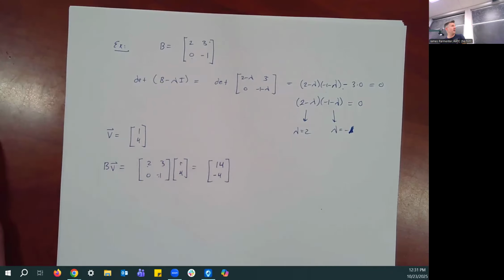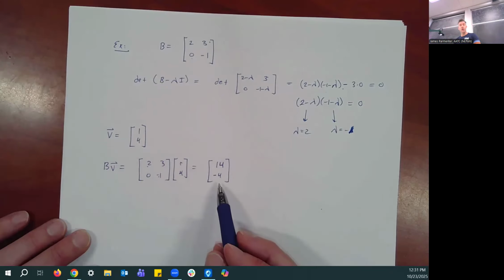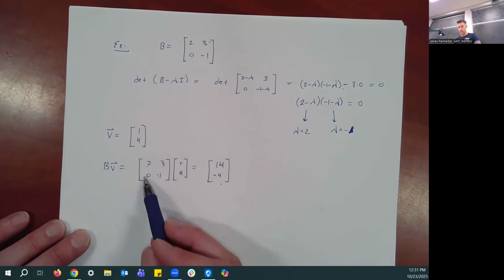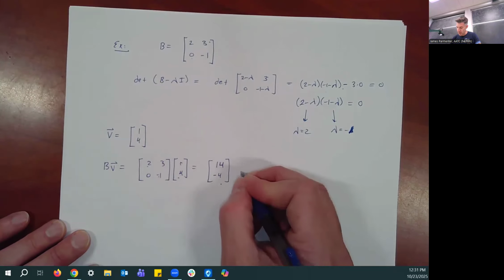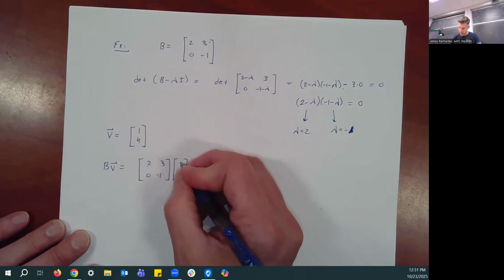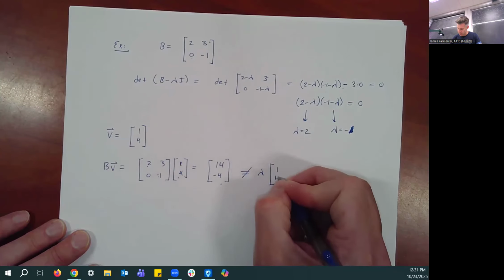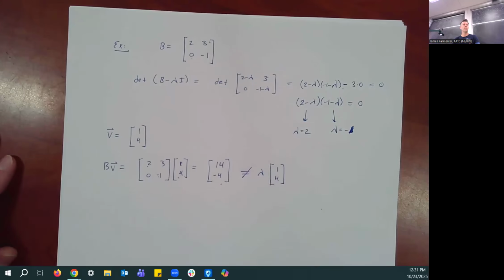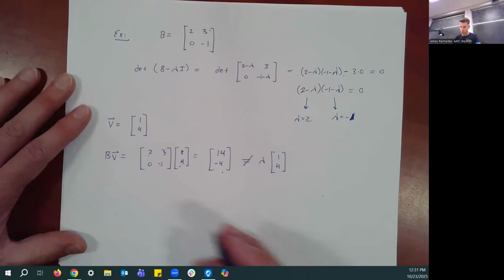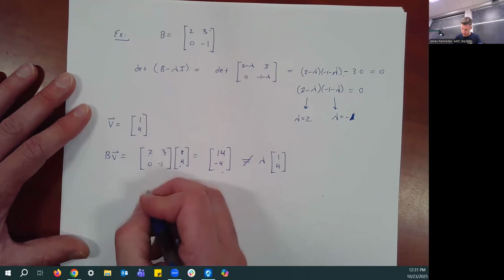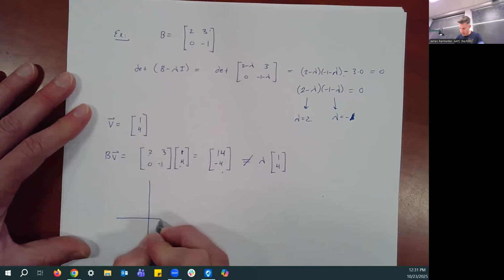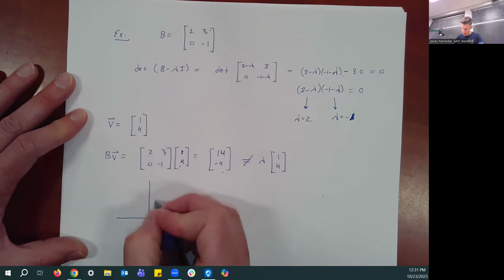And what I want to point out is this resulting vector, this product of the matrix and this vector, is not equal to a multiple of our original vector. These vectors point in very different directions. The vector v, over 1 and up 4, points that way.